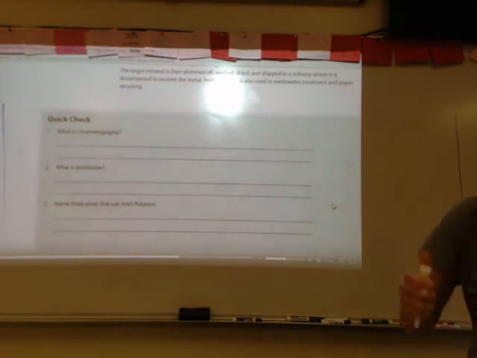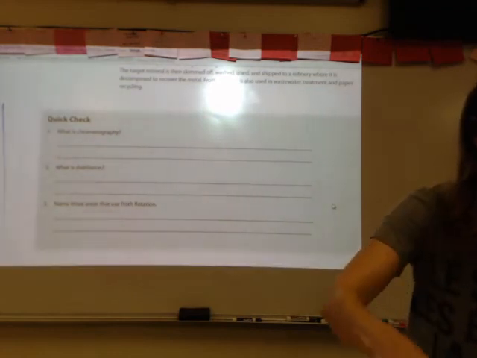If you take a look at the quick check, it says, what is chromatography?